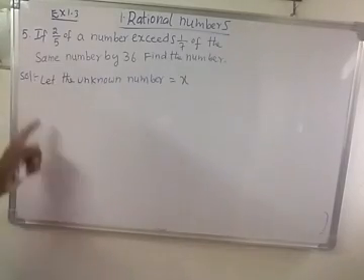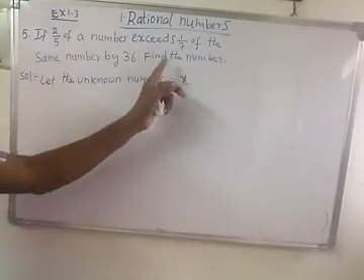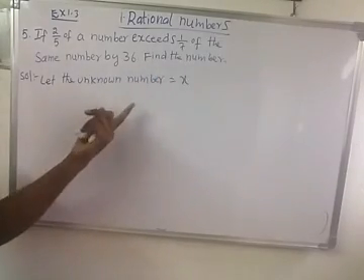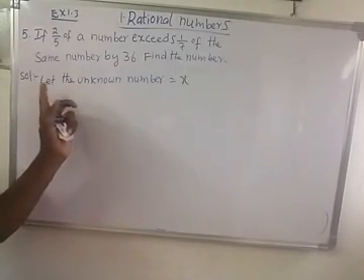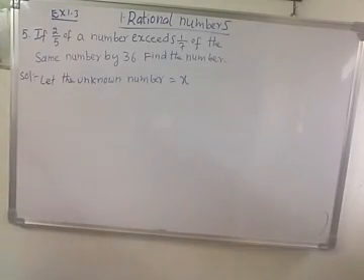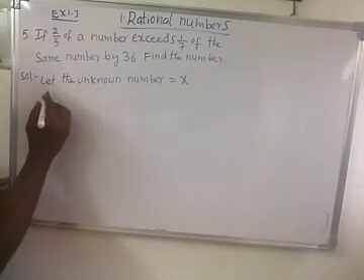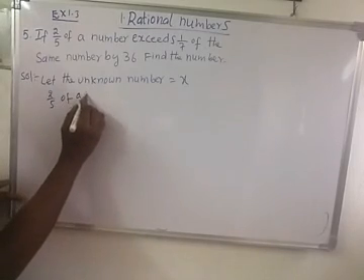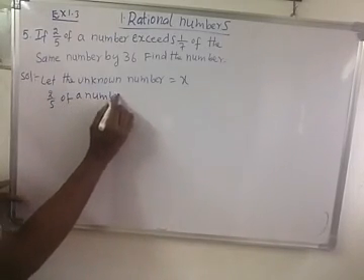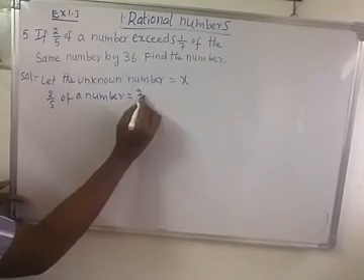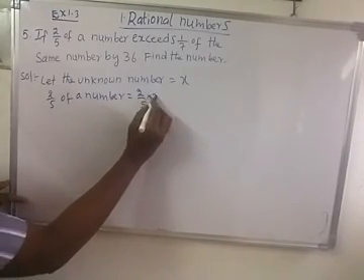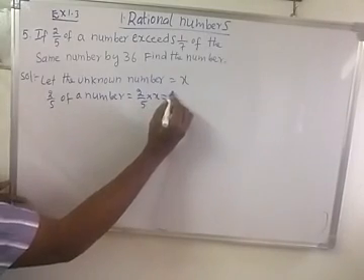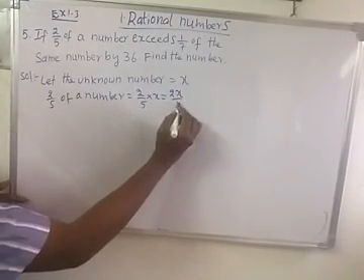But we are finding the number, which we don't know, so let the unknown number be x. Now 2 by 5 of the number is 2 by 5 into x, that is 2x by 5.